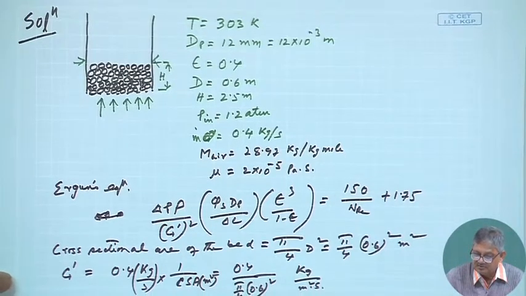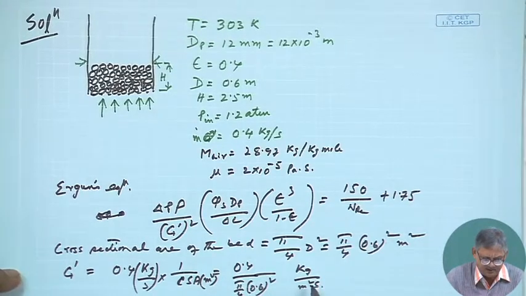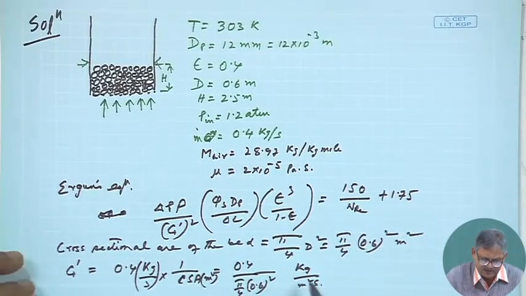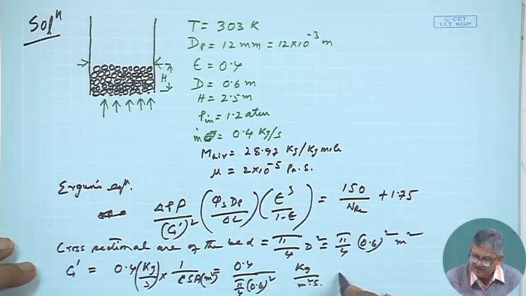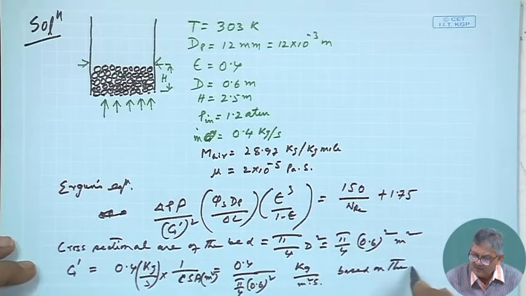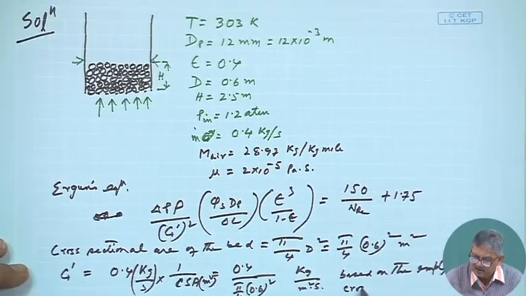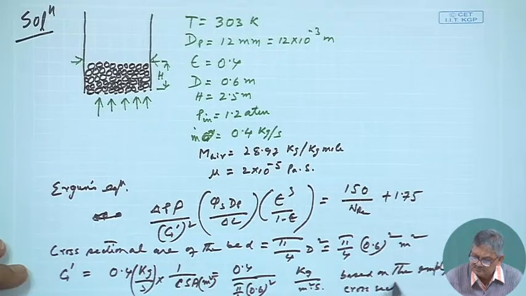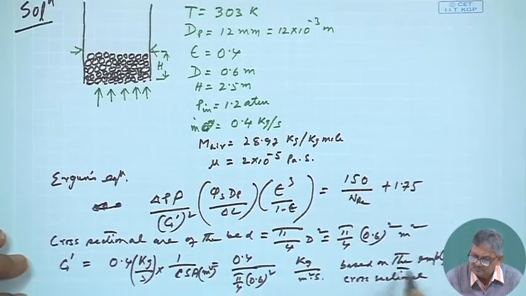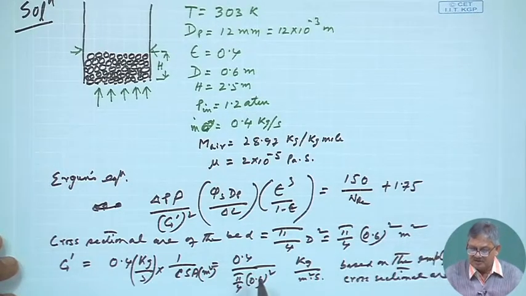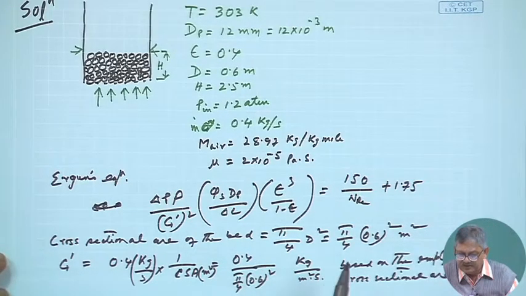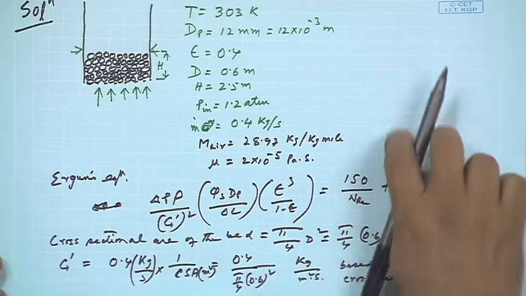We can say that this is based on the empty cross sectional area, right? So how much does it come to? 0.4 by pi by 4 by 0.6 square.